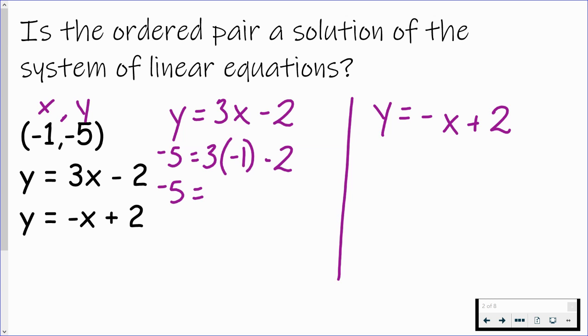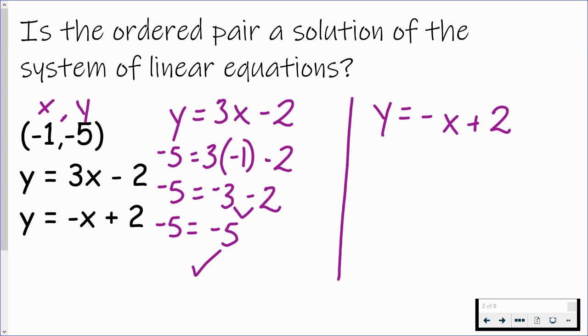Three times -1 is -3, minus 2. Now, -3 minus 2 gives me -5. Okay. Then you say, is that a true statement? Is -5 equal to -5? And I'm going to say yes. Hopefully you say yes too.